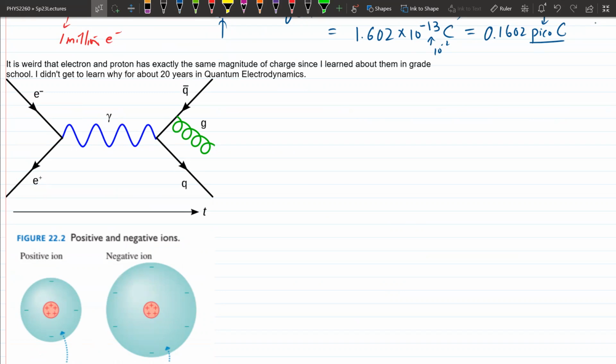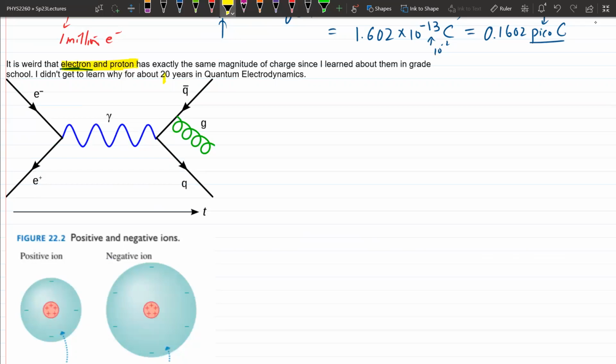One weird thing, and this is just a side note, you don't have to write this down: it was always weird to me that electrons and protons have exactly the same charge. If you are curious why that is, it took me like 20 years of school to learn that. I learned about electrons and protons in 6th or 7th grade, and I asked the teacher why they are exactly the same number, and the teacher couldn't answer it, of course.